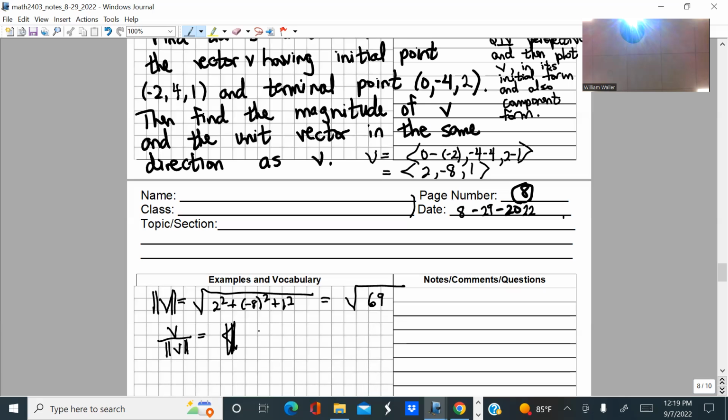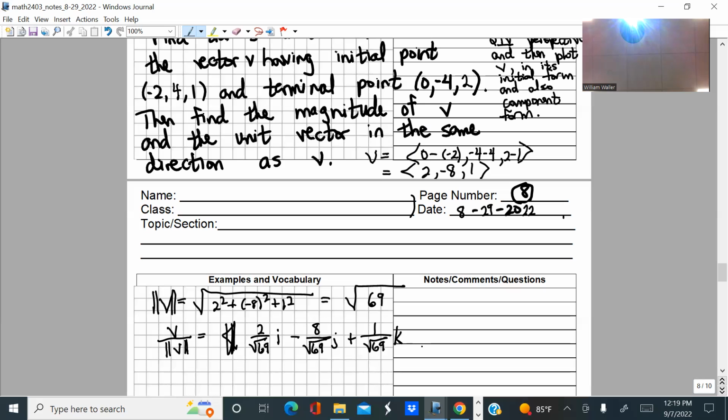So in standard form, that would be 2 over square root of 69 times i minus 8 over square root of 69 times j plus 1 over square root of 69 times k.